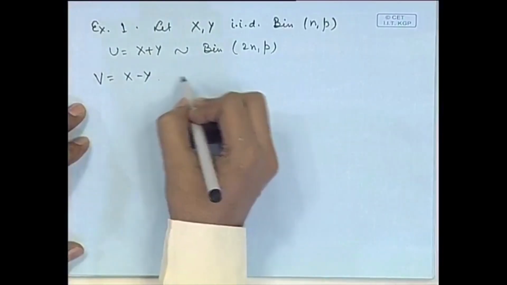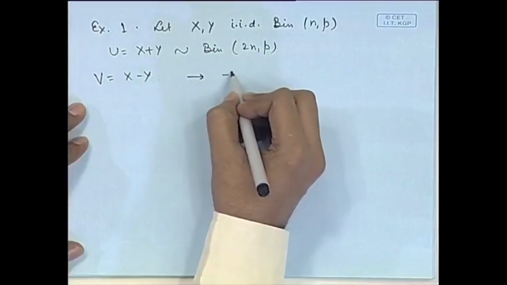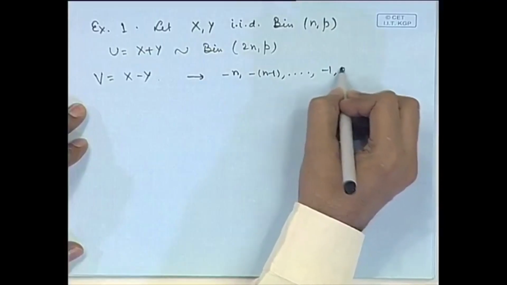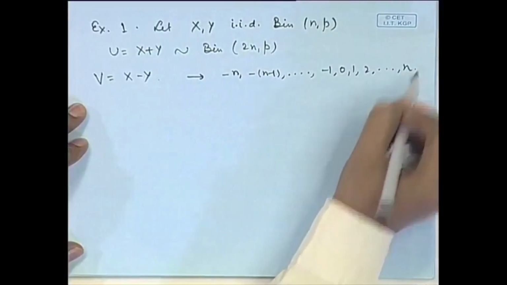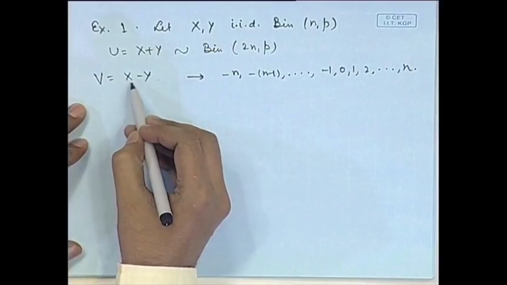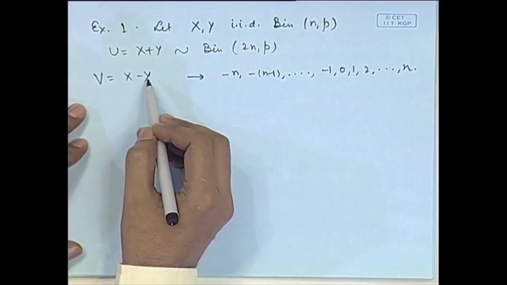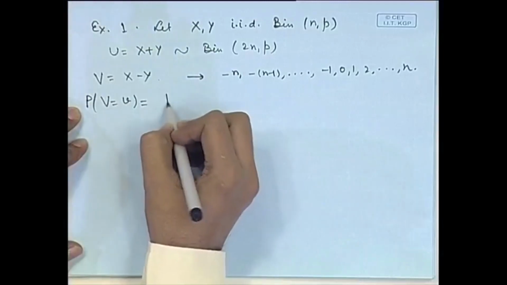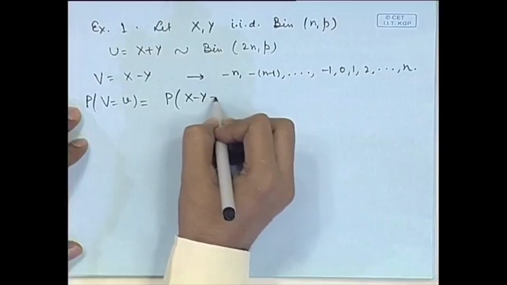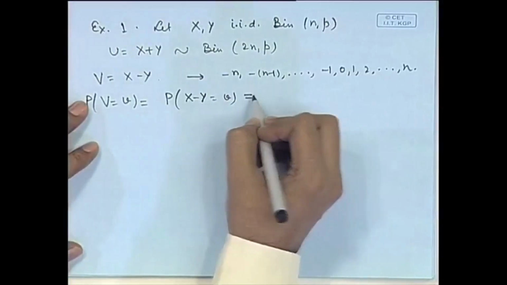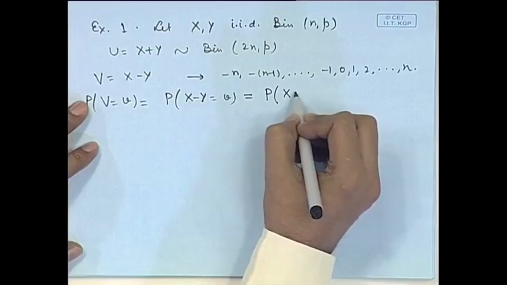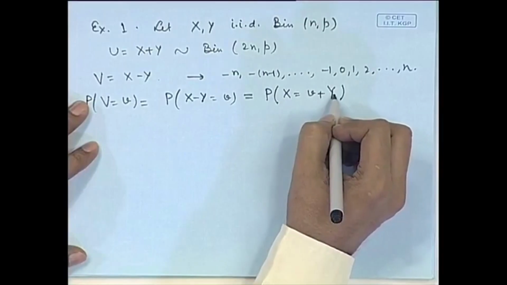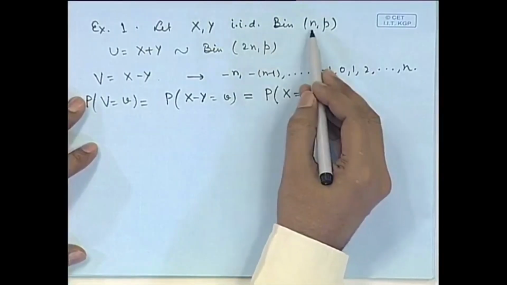then let us look at the set of values of V. This will vary from minus n, minus n plus 1, ..., minus 1, 0, 1, 2 up to n, because each of X and Y can take values 0, 1 to n. So, probability of V equal to small v, that is probability of X minus Y equal to v, we can write as X equal to v plus Y. Now, Y can take values using a binomial(n, p) distribution.